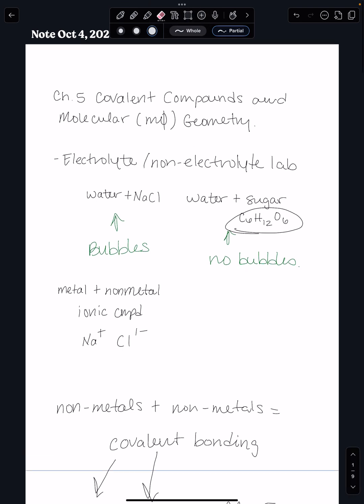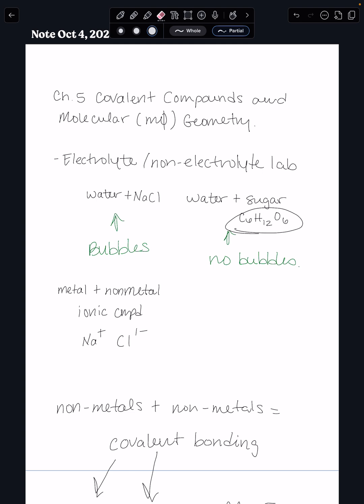So remember the experiment we did the other week with electrolytes and non-electrolytes? We basically had water in a cup, one with sodium chloride in the water, and the other cup had water with sugar, C6H12O6. And then you had a battery with some thumbtacks at the bottom, and when you put the battery onto the thumbtack, one produced bubbles and one did not produce bubbles.